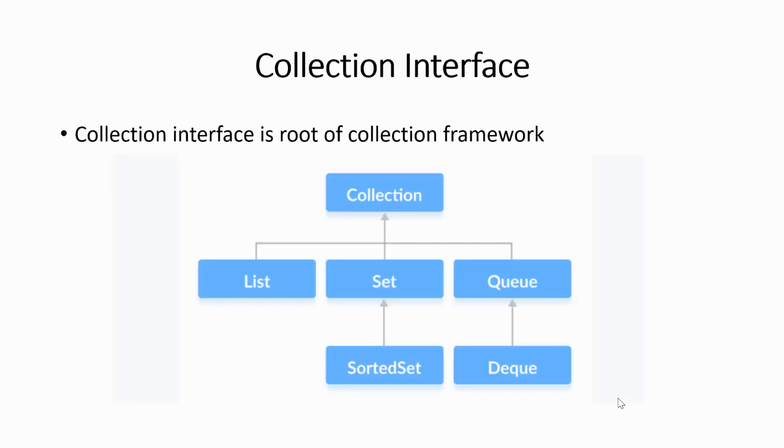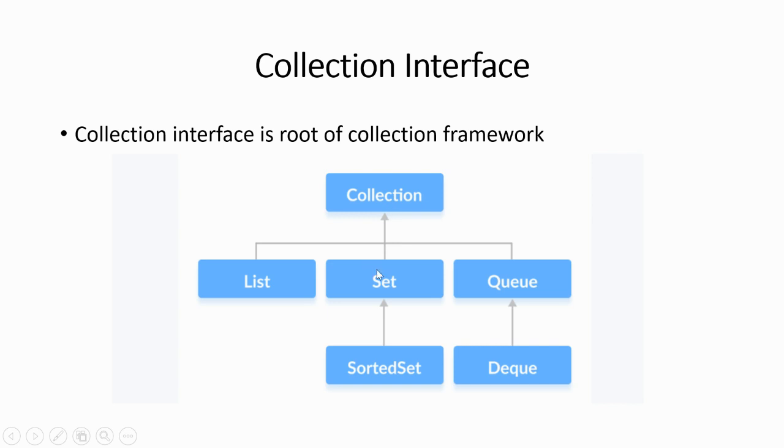This is basically how the collection interface looks. If you notice here, you have a collection at the top. The collection interface is the root of the collection framework. A collection is actually an interface inside Java. And if you notice here, list, set, and queue are also interfaces, and these interfaces extend the collection interface.